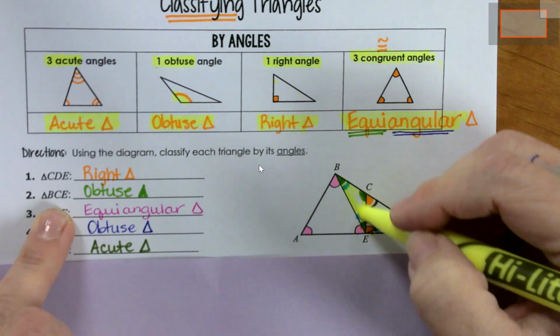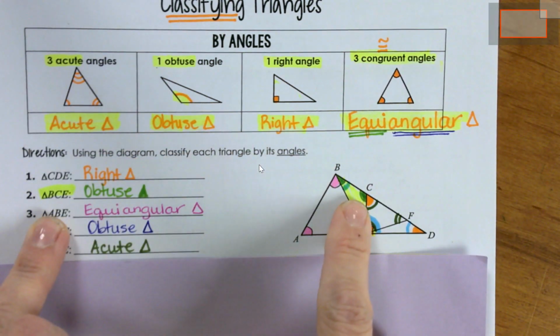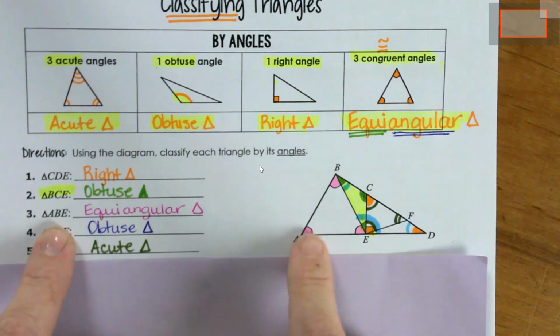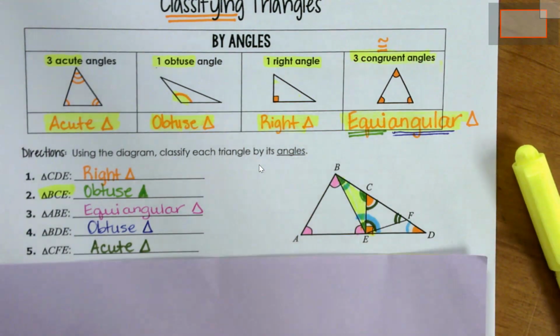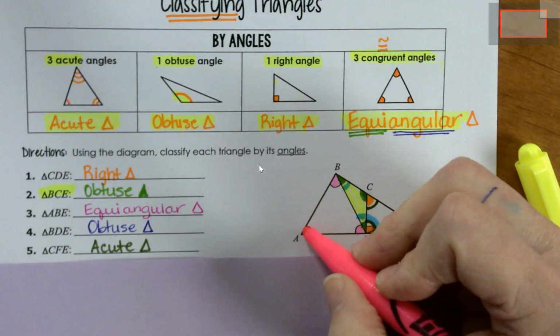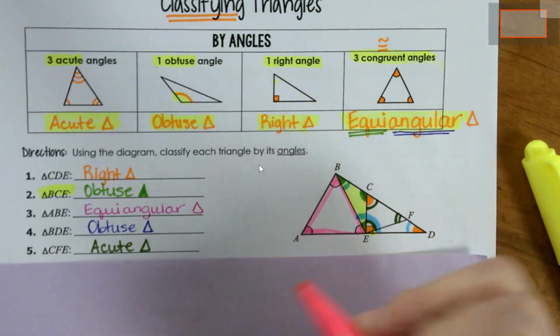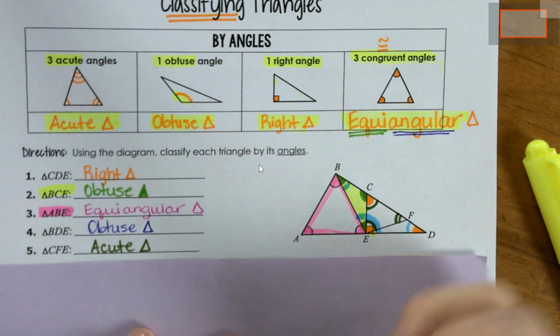Okay, this is ACE, and you can see that we have one obtuse angle. All right, we have ABE, that's this one. This is our equiangular. So you can see this triangle here has all three angles the same.